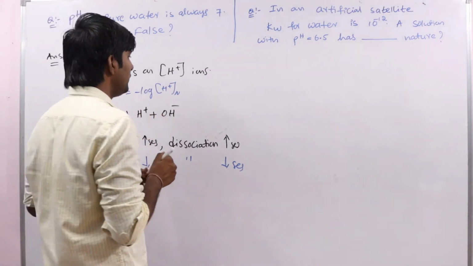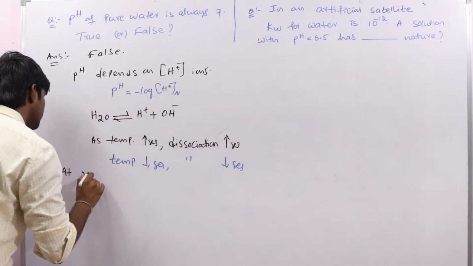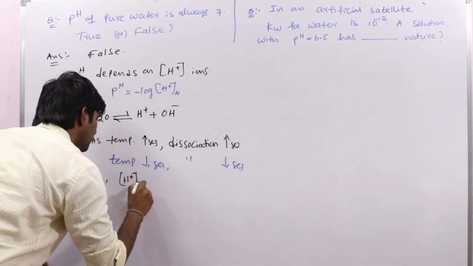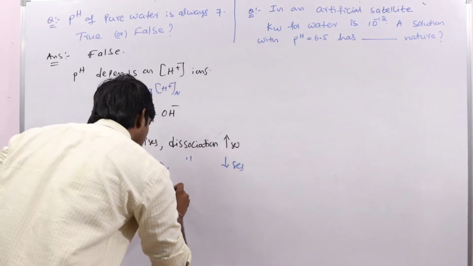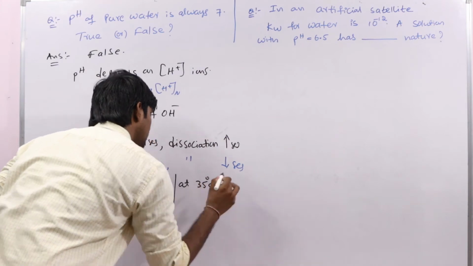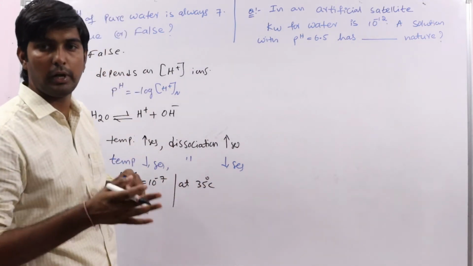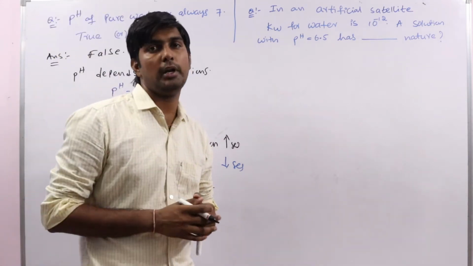So we know that at 25 degrees centigrade, the H plus ion concentration in pure water is equal to 10 power minus 7. But suppose at 35 degrees centigrade, these values are not scientifically calculated, just for understanding purposes we are assuming. In the examination they will provide the values.